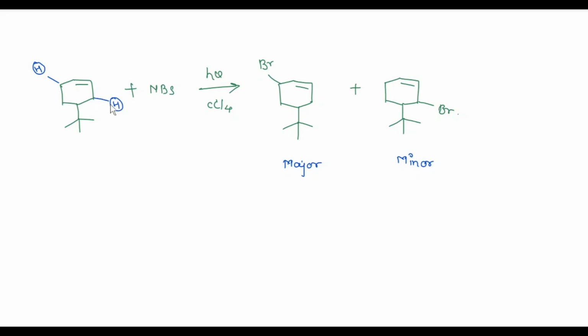So we try to replace this hydrogen by bromide. This tertiary butyl group creates steric crowding. So from this we get a minor product, and the Br radical preferentially reacts with this allylic carbon, forming this product as the major product.